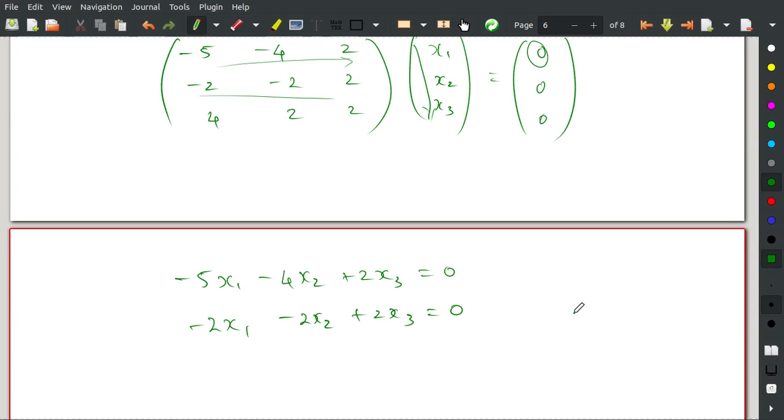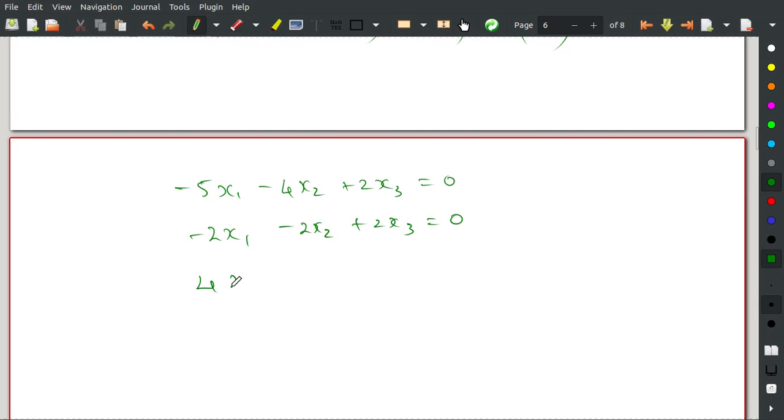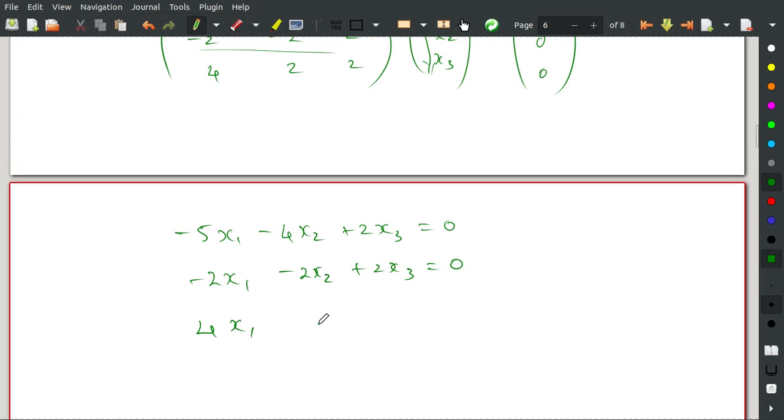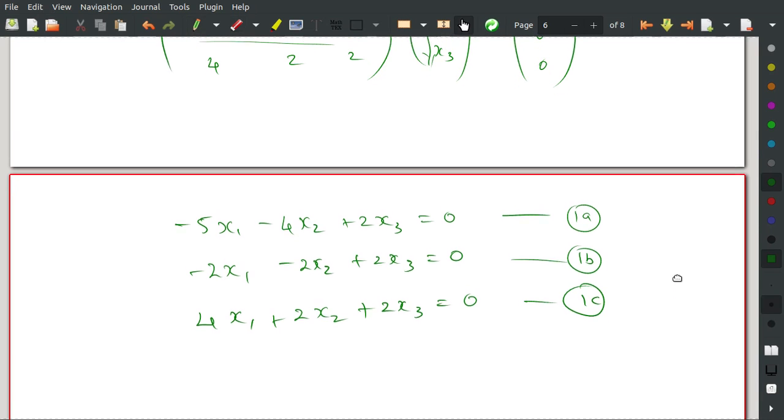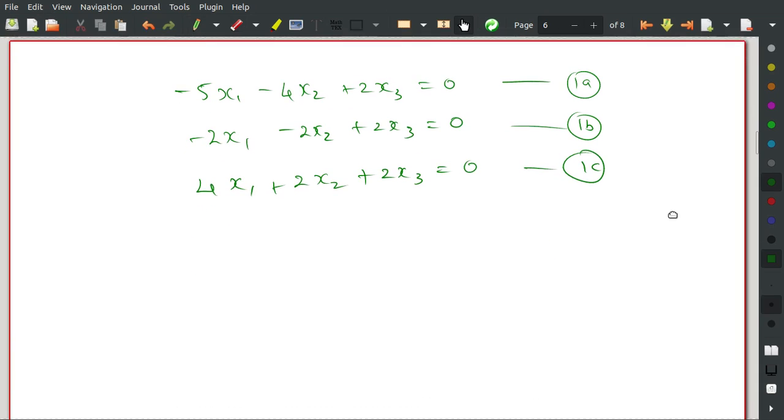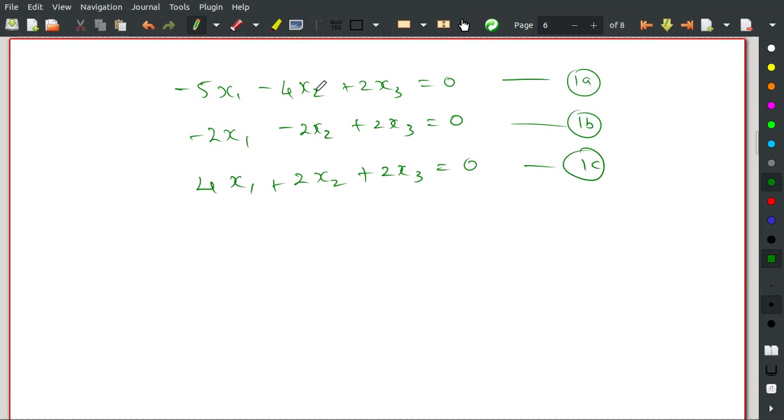And the third one is 4x1 plus 2x2 plus 2x3 equals 0. So these are equations 1a, 1b and 1c. We can solve this by choosing some values for either x1, x2 or x3.